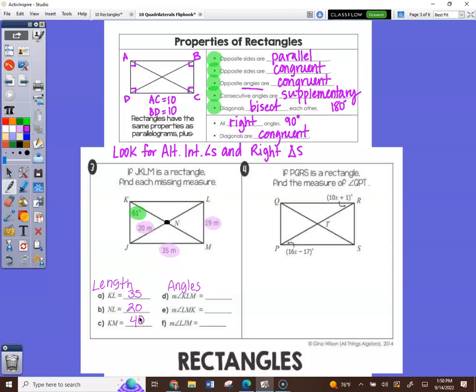K to L to M. K to L to M, and then you find the corner, which is L, and so what's the angle? 90. Why, y'all? What shape is it? So rectangle. Why do they not call them right angles? It's a rectangle. It's 90 degrees. This is 90 right here.